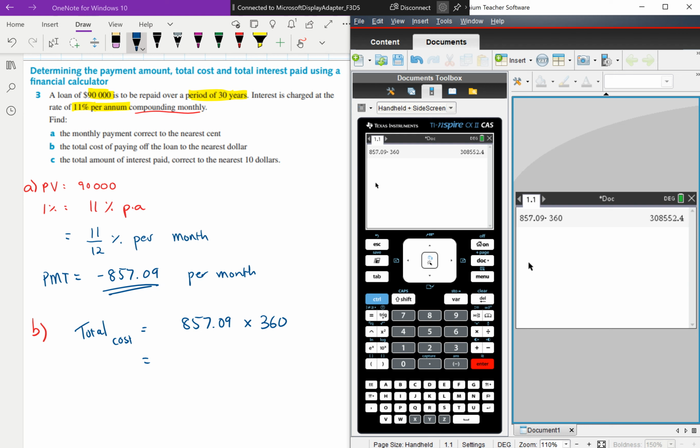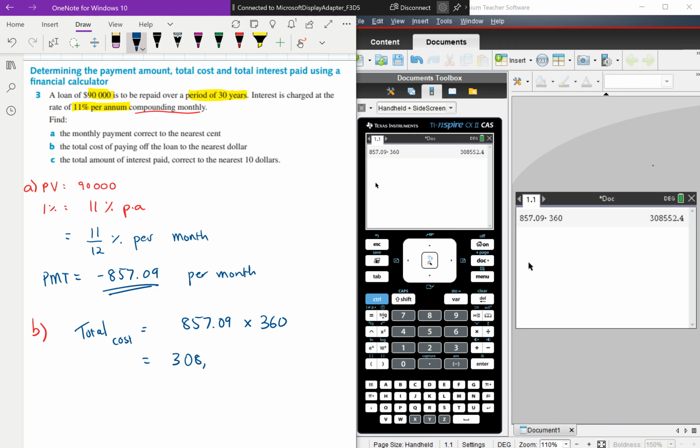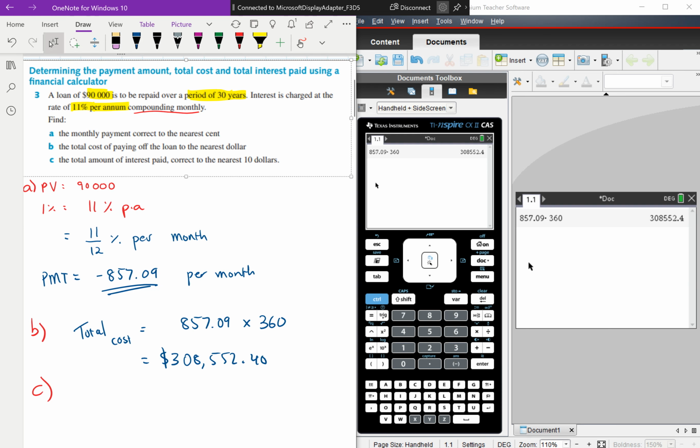Okay, so in part B, it clearly gives us $308,552.40. That's how much you paid overall. And then finally, C says the total amount of interest paid, correct to nearest $10. Well, that's pretty easy there. If that's how much you spent, then 90,000 is how much you borrowed.